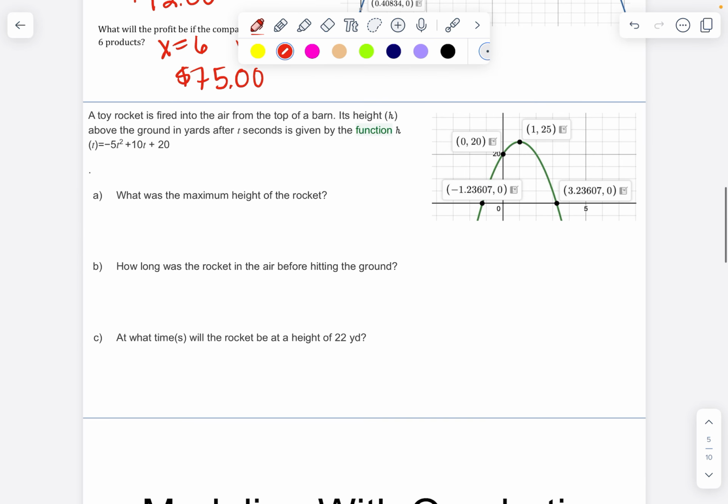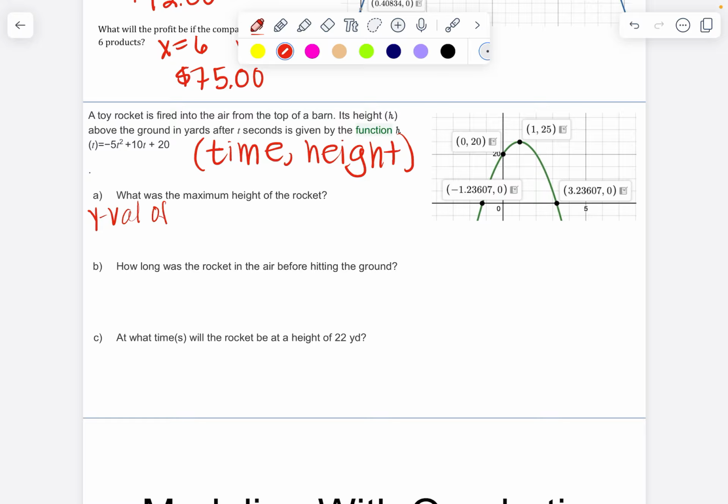All right, one more like this. A toy rocket is fired into the air from the top of a barn. The height above the ground in yards after T seconds is given by that function. So this one is time and height. The maximum height of the rocket, again, is the Y value of the vertex.